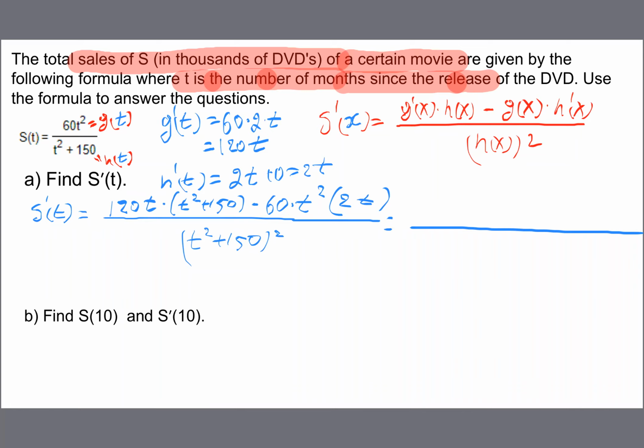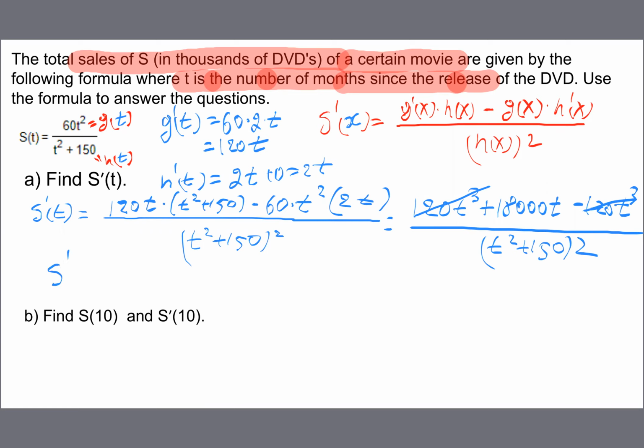120t times t squared is 120t to the third, plus 120 times 150, 18,000t, minus 120t to the third, over t squared plus 150 squared. 120t to the third and 120t to the third will be cancelled out.